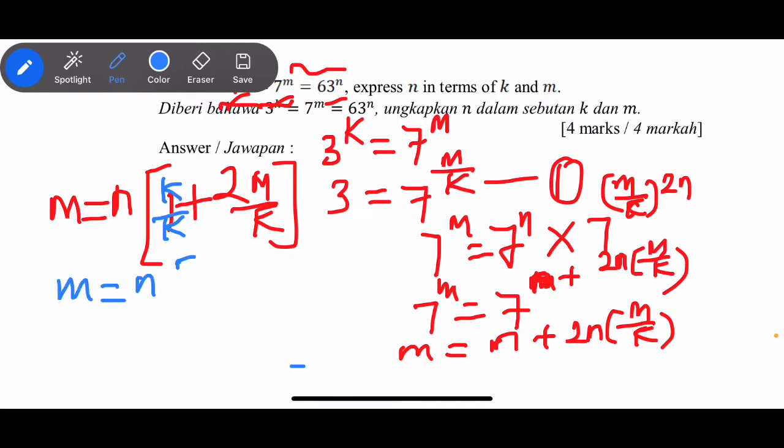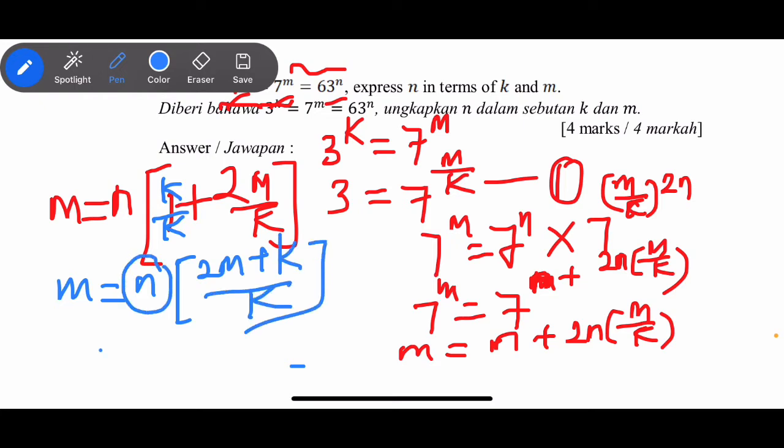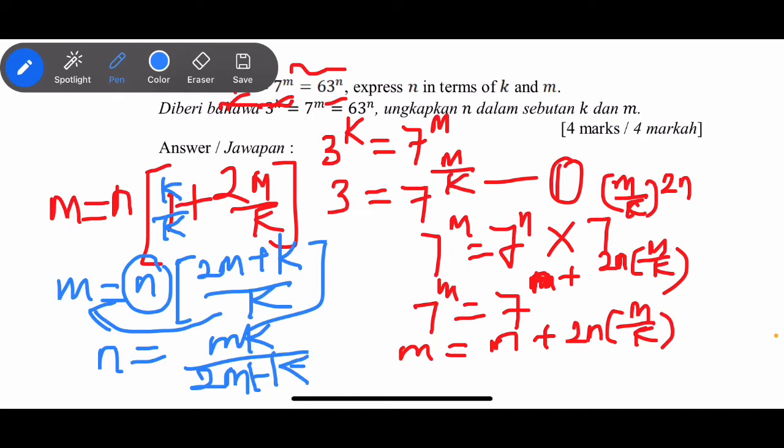So m is equal to n times k plus 2m over k. Hence n is equal to m multiplied by k over 2m plus k. So this is so-called express n in terms of m.